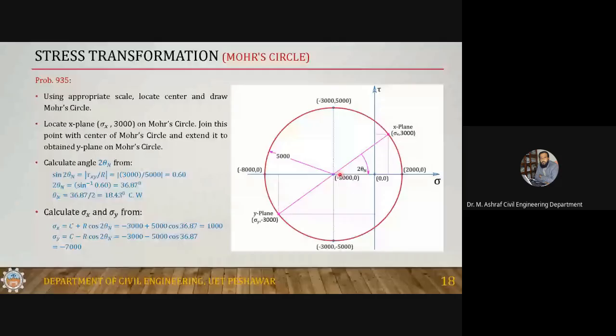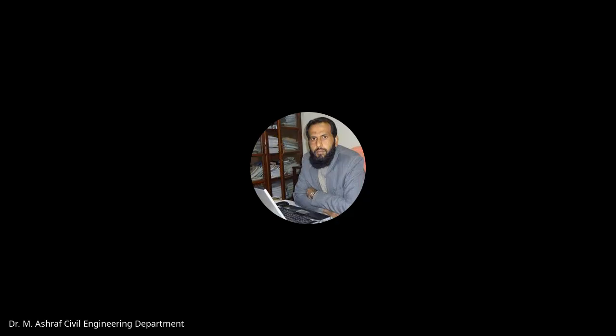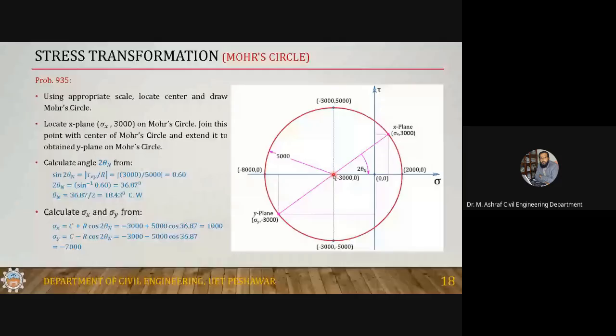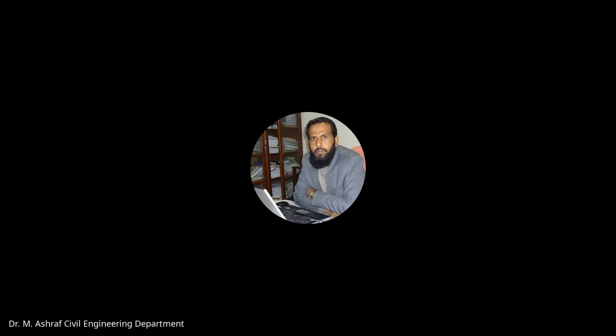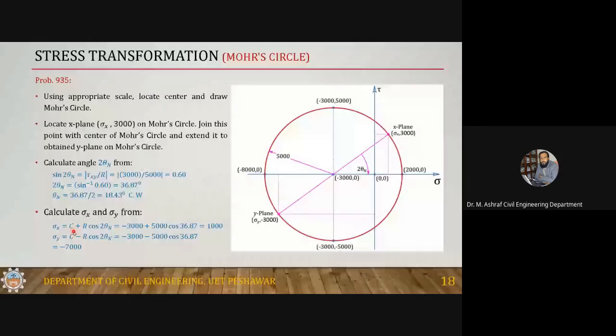Since C is negative, it will be minus 3000 plus R cos of 2 theta n, which gives you 1000. So the coordinate should be 1000. You can measure it using the scale, and it will be 1000.